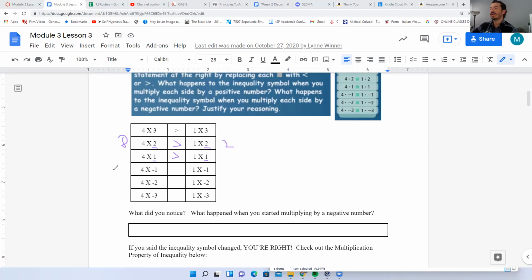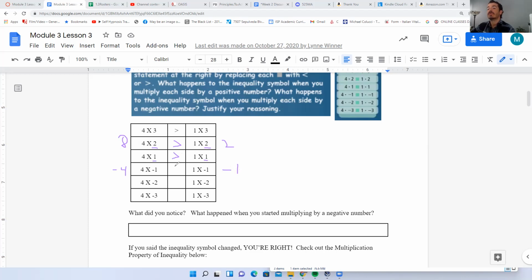So here's the trick, right? -4 and -1. Now don't get confused. The absolute value, the distance from 0 of -4 is in fact greater than the absolute value of -1. But we're not talking about absolute value. We're talking about whether it's to the left or the right on the number line.